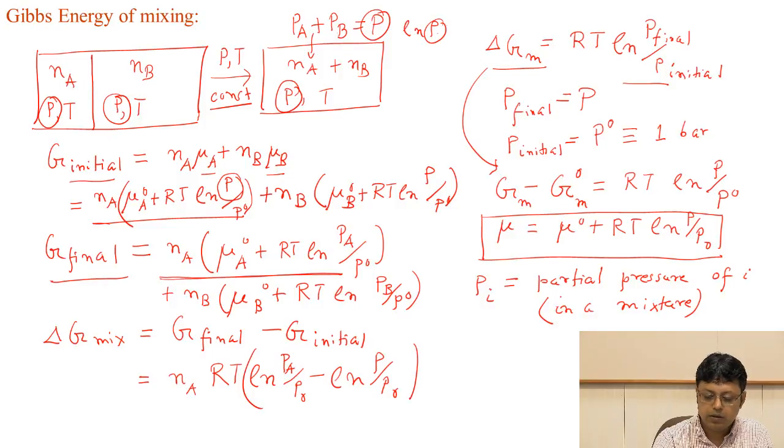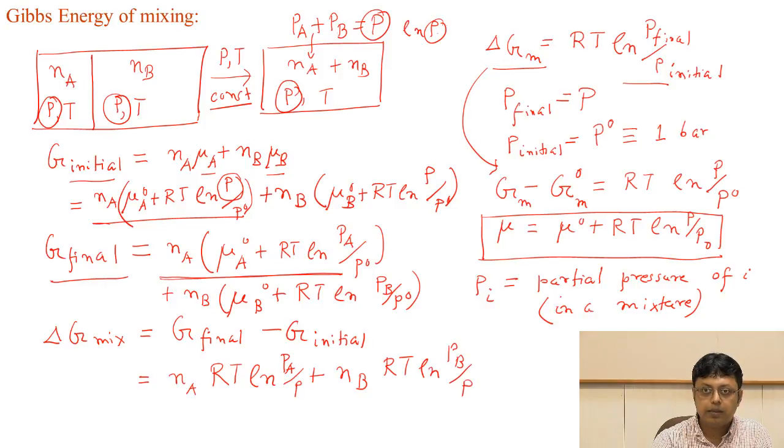So this quantity, instead of writing it as ln A minus ln B or ln X minus ln Y, we can write it directly as ln X by Y, and this P0 term will cancel. So we can write it as RT ln PA by P, and similarly for NB, we can also write it as RT ln PB by P. Now what is PB by P or PA by P?